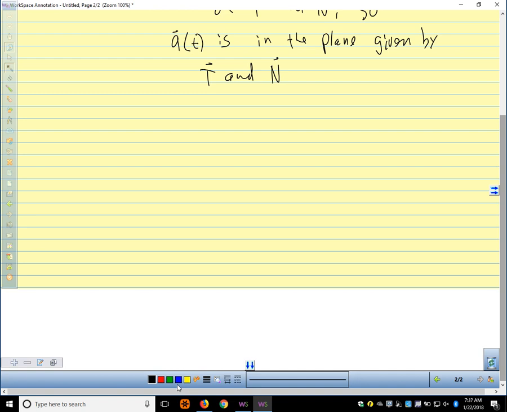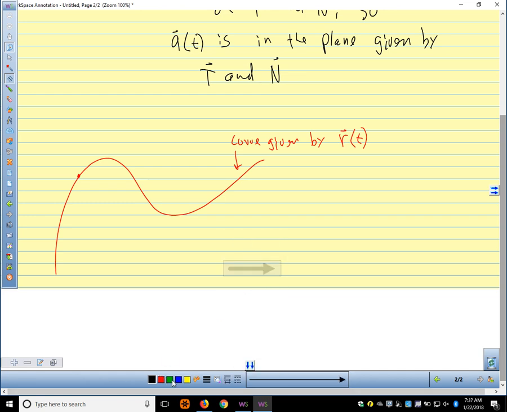So we have a curve, like so. That's our curve. This is given by r of t. And at some point, I'm going to draw it at a point here, and this is not necessarily to scale, so it's not going to be necessarily beautiful and perfect. So there is our unit tangent vector.